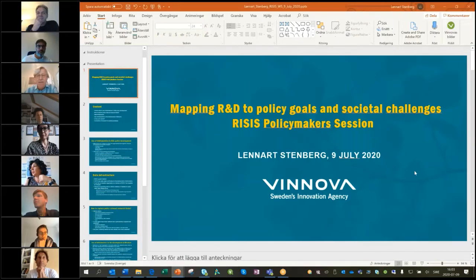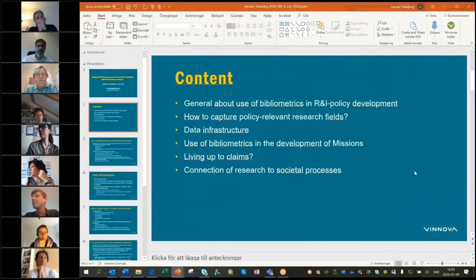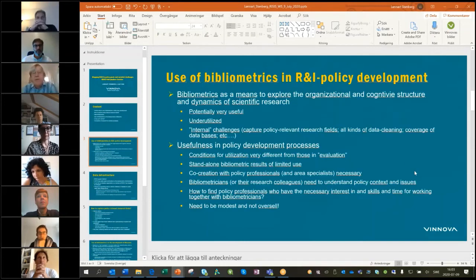A lot of rich material and ideas have already been presented, and I will only be able to touch on a few of them. And these are the topics. I guess the overall topic is the use of bibliometrics in research and innovation policy development, as I understand it.